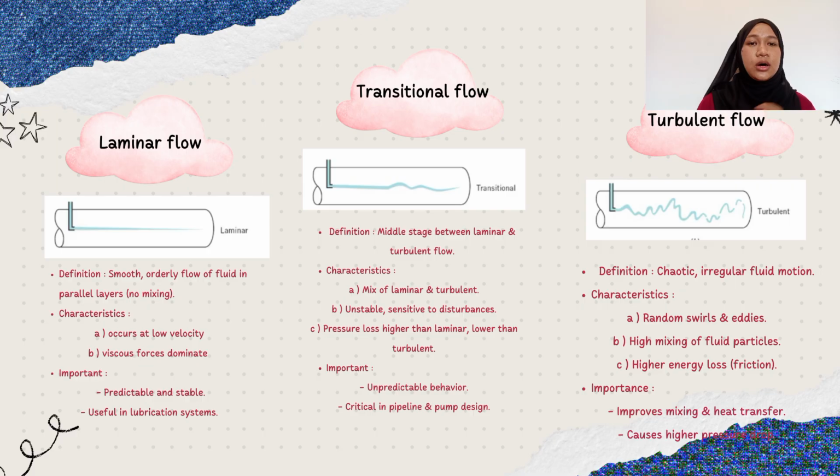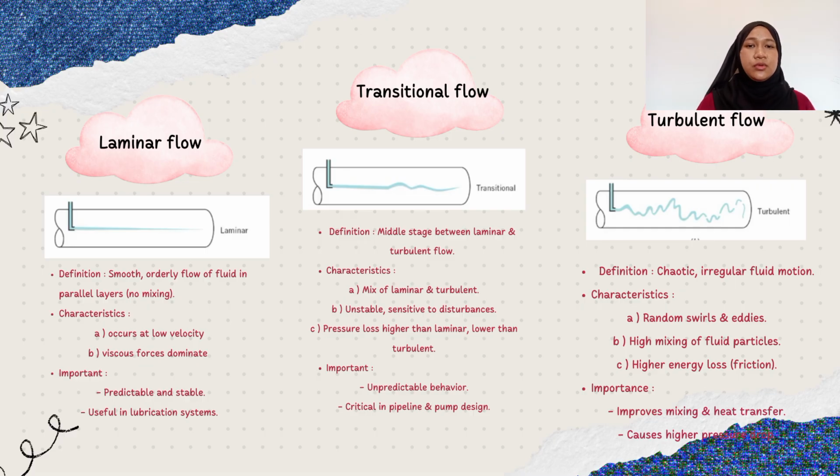Laminar flow occurs at a Reynolds number below 2000. It is smooth, orderly, and occurs at low velocity. Transitional flow occurs when the Reynolds number is between 2000 and 4000. It is unstable, a mix between laminar and turbulent.